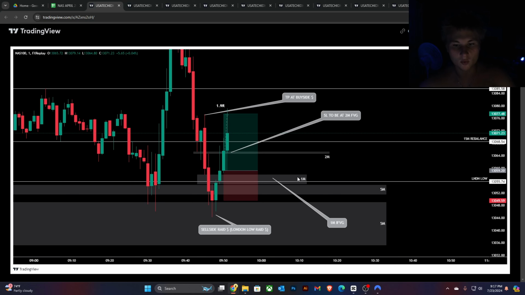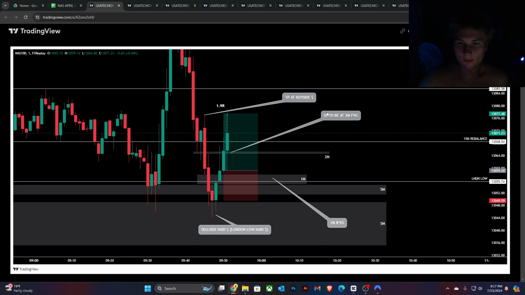And then we had this 1 minute inverse fair value gap right here. Price pushed up, but then the 1 minute close right here. Entry on the next candle after we closed above this 1 minute. And boom, just target the next buy side liquidity level for a 1.9 risk to reward.